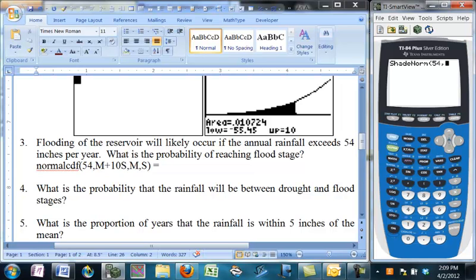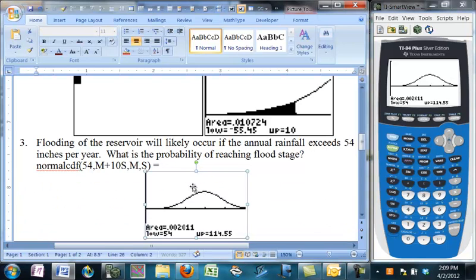Well, we can't put in infinity, so we're going to use alpha m plus 10 alpha s, and that's with that mean and standard deviation that we have stored. And this is 50 right at the end. This is actually off the screen, what we have shaded, but it's rather small. But notice it still computes it even if it is off screen.